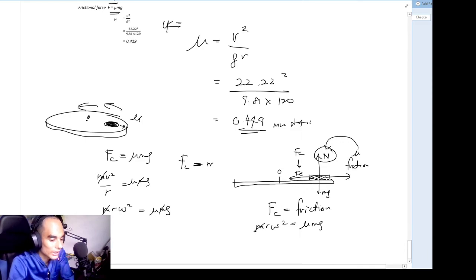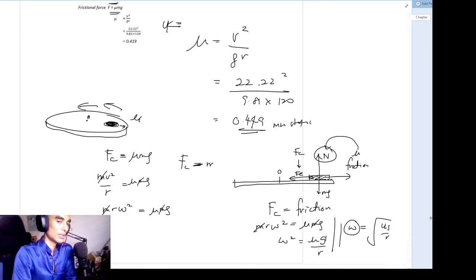So you can cancel out the m. So omega squared equals mu g over r. So omega equals the square root of mu g over r. There you have how fast is the revolution per second before the coin can slip.